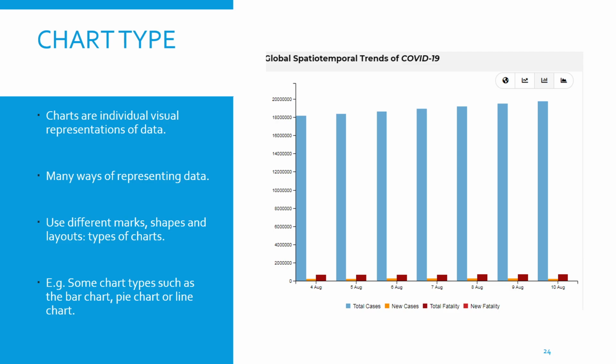And we are going to explore some of them today, and we are going to be going into detail in other classes. But every single chart type is going to use different marks, shapes, or layouts to represent the data. And usually those marks, shapes, or layouts are the ones that are going to give the name or the type of the chart.